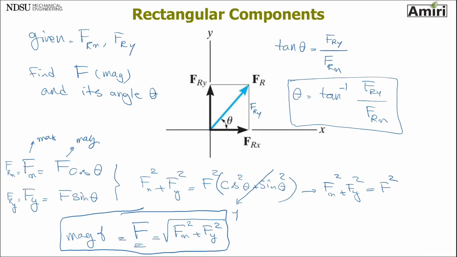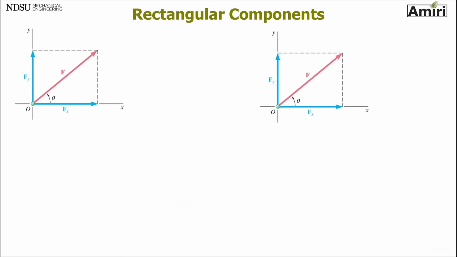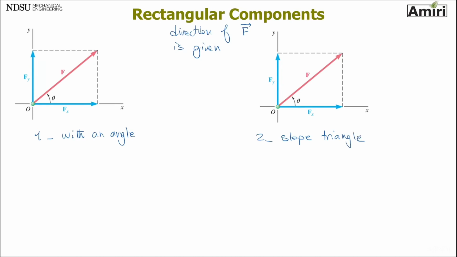One other point that I want to mention is that the angle or the direction of a vector, a force, is given either with an angle, and this angle could be with x or y, it doesn't matter, or with something that we call a slope triangle. So we don't have this theta, instead we have a slope triangle.